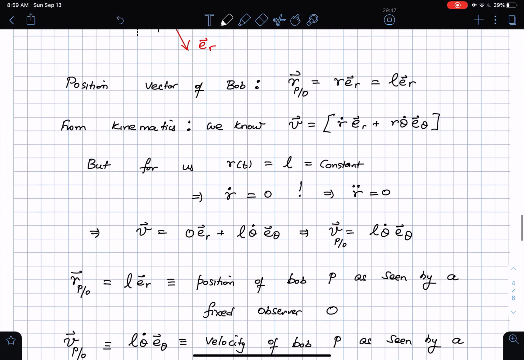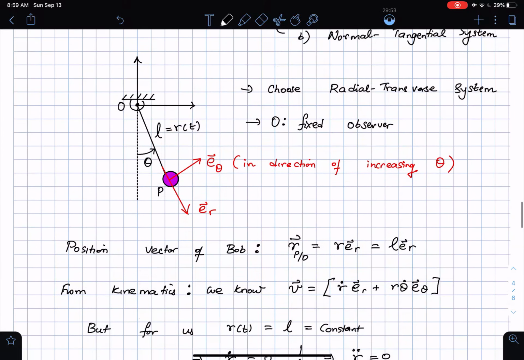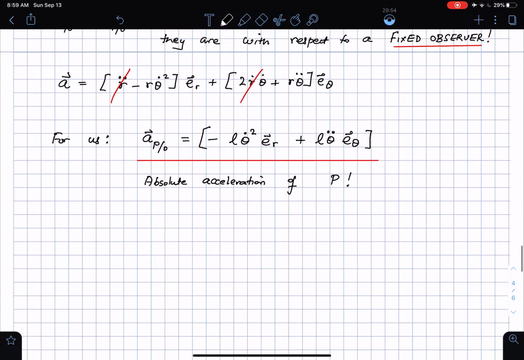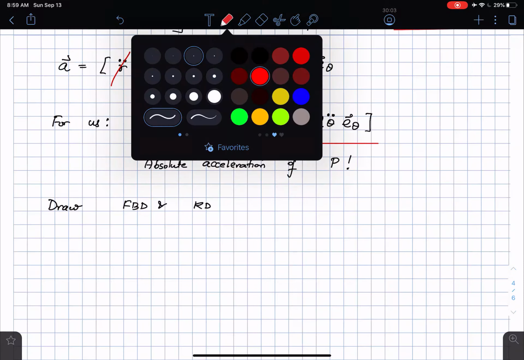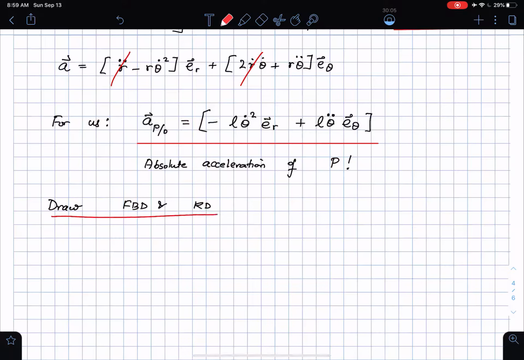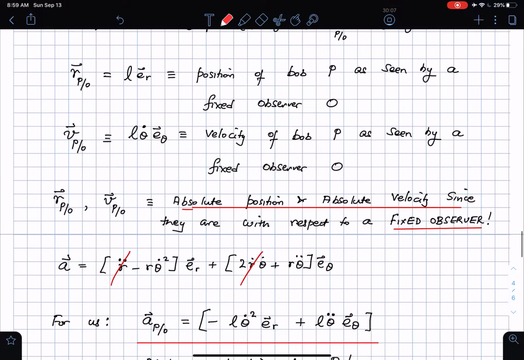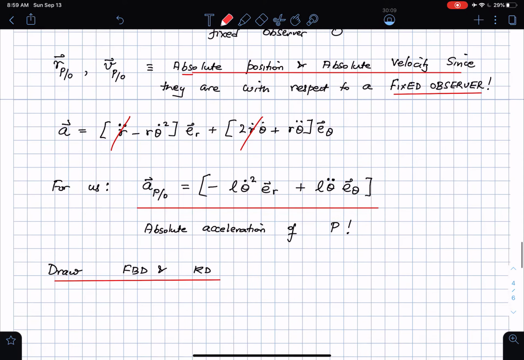Okay, so this is all the basic kinematics here. Now I draw the free body and the kinetic diagram. So the next step is to draw the FBD and kinetic diagram. This is our first problem in curvilinear coordinates, so I'm going to take my time doing it. So this is step number 2.